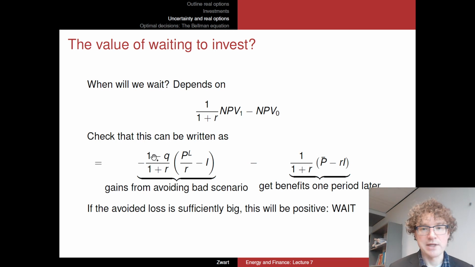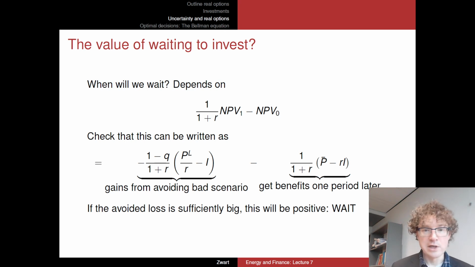That's a benefit of waiting, and this is the cost of waiting. So when do we want to wait? Well, as long as these gains from avoiding the bad scenario with your project and getting losses all over the place outweigh the disadvantage of postponing your whole project, and the average positive cash flows for 1 period.